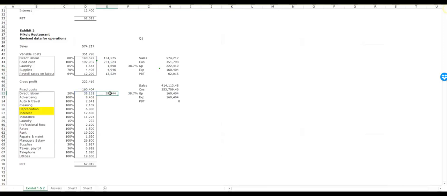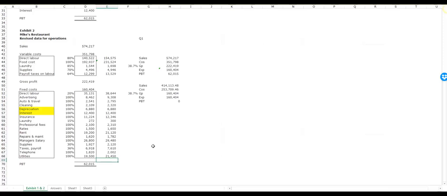Let's do this, Shift down arrow, tell Excel to Control D, let's copy down, and then with the exception of these two, make them equal to last year. There we have increased everything by 10%.